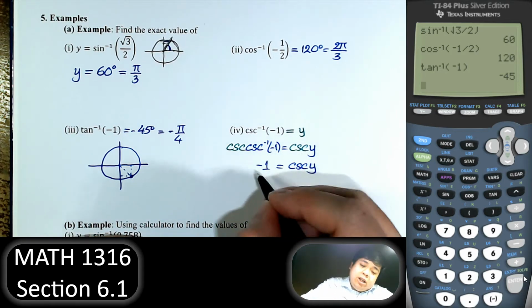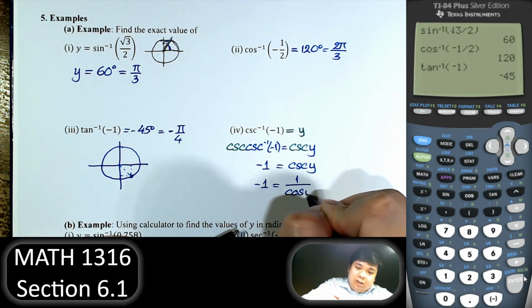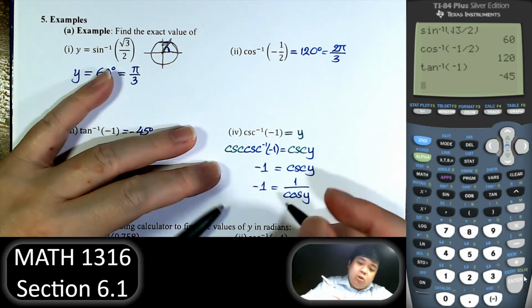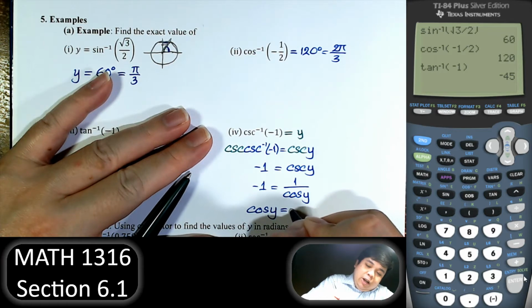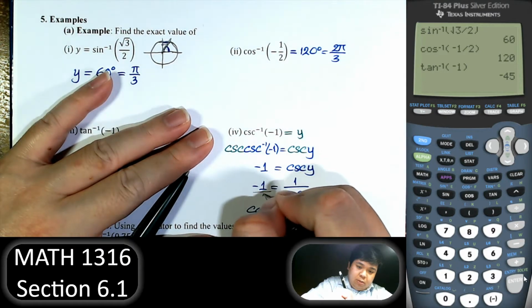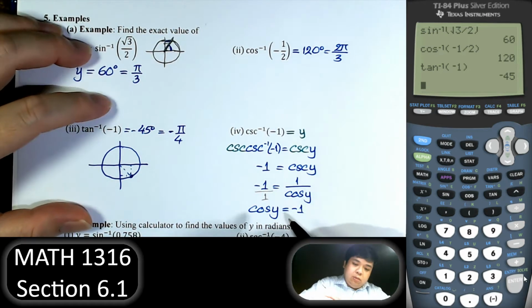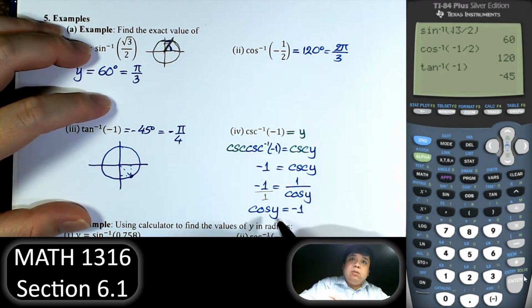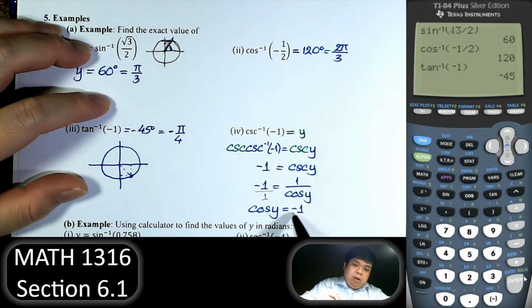Now, cosecant is 1 over sine, and now we can flip both sides. So sine of y is negative 1, and then we just solve for y.